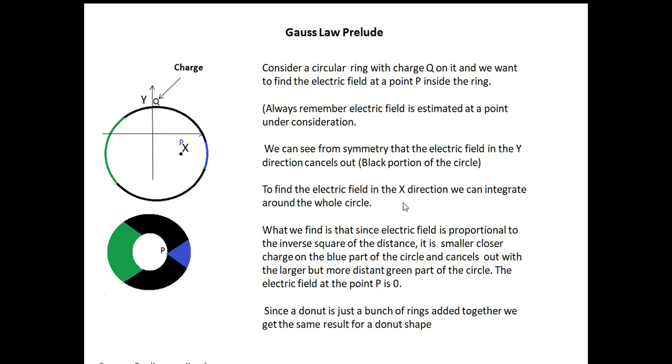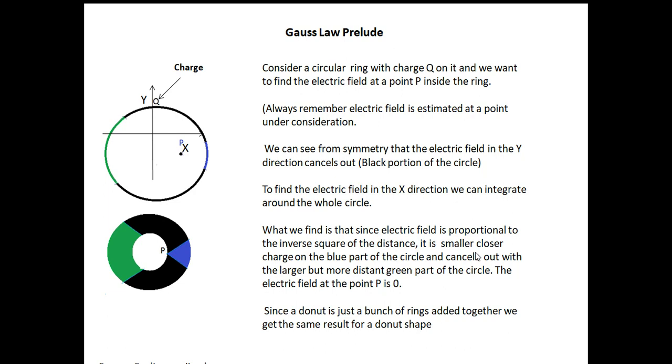To find the electric field in the x direction, we can integrate it around the whole circle. Now what we find is that since the electric field is proportional to the inverse square of the distance, that is our Gauss's law, or we all know that as I go away from the source, the electric field will go on decreasing with the square of the distance.